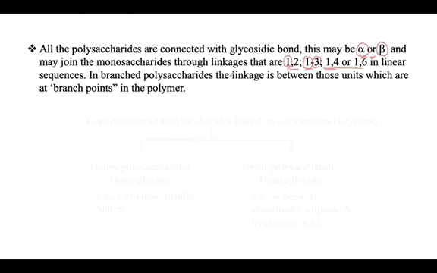When it is a branched polymer, it can be 2-3, 2-6, 4-2, any combination which will give us a branch point, and the polymer is generated as a branched polymer.